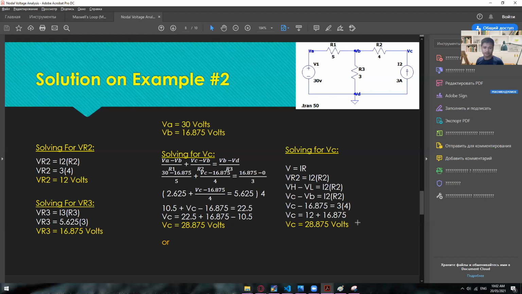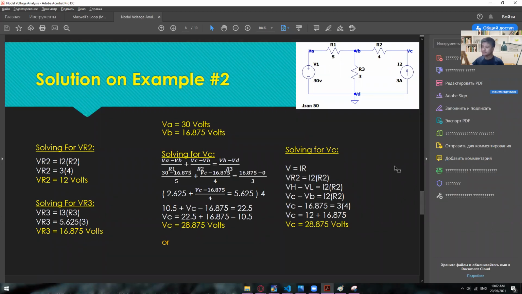Is everything clear so far? Okay, so 1, 2, 3. What about the others? All right, so it's a good thing that most of you were able to get this one.